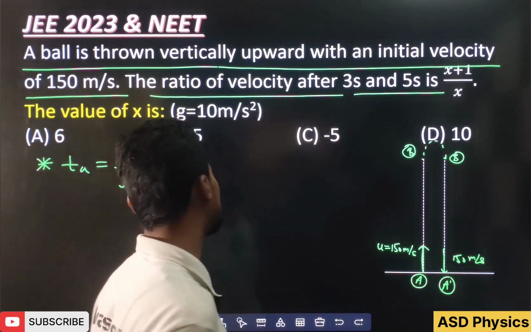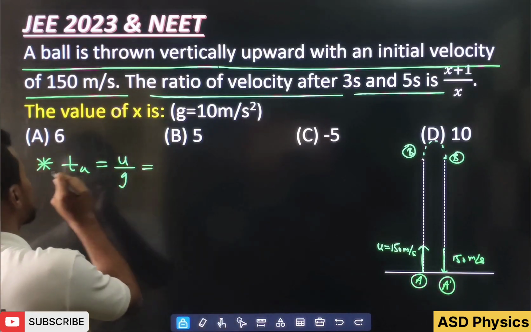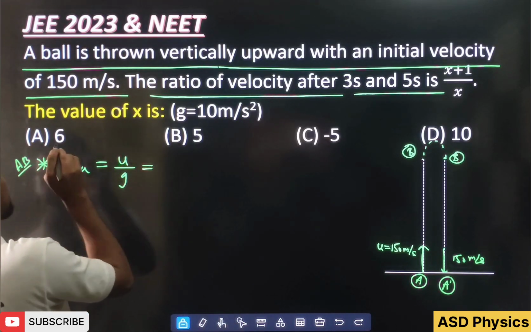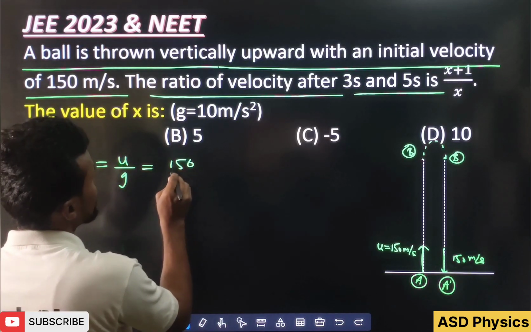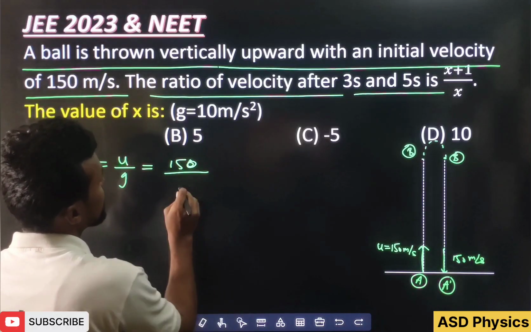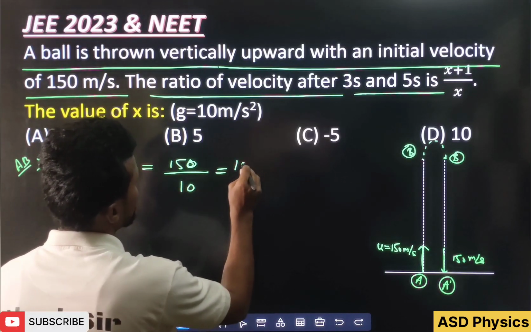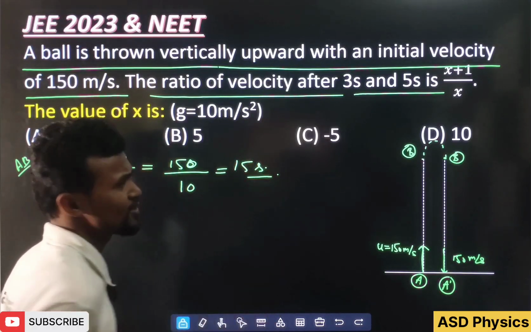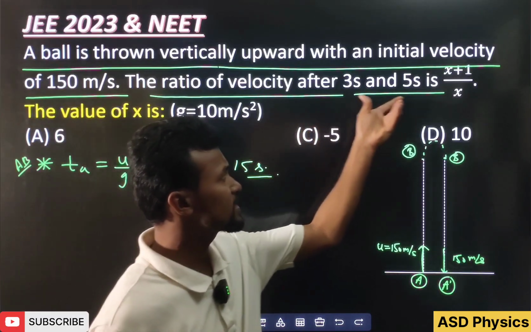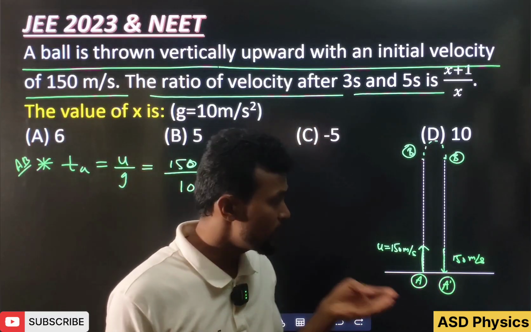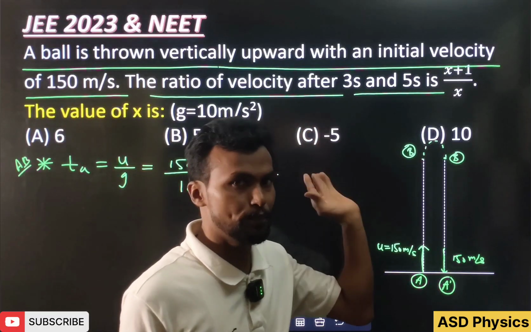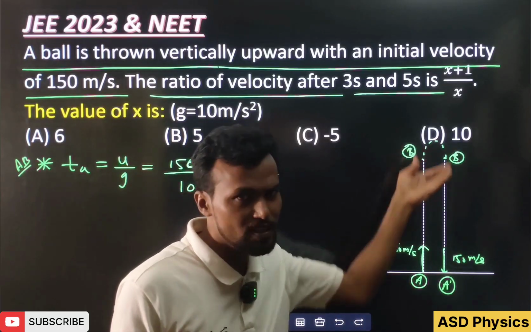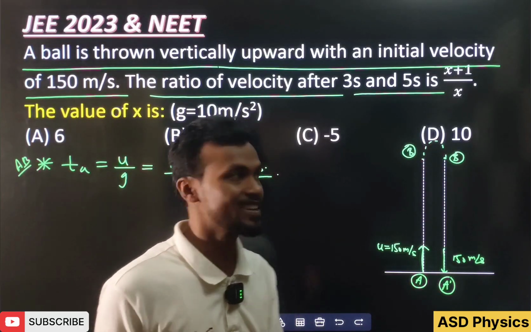So we have to calculate the time of ascent from A to B. u is 150, g value is 10, so it comes to 15 seconds. We can understand that 3 seconds and 5 seconds will be reached while the ball is going only up, because time of ascent is 15, descent also 15, time of flight is 30.